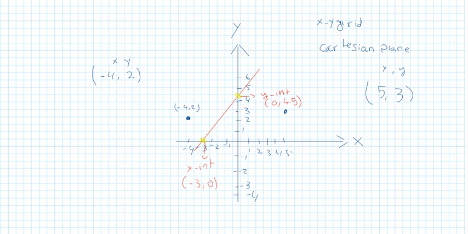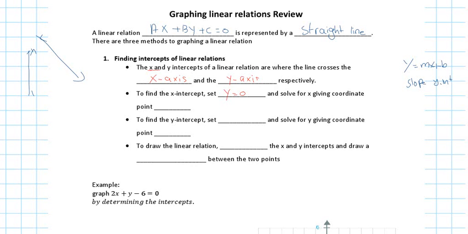And solve for x, giving coordinates x, 0. So my x-intercept is going to look like a value of x, so 5, 6, 9, minus 2, plus 1, whatever, and then the y value is going to be 0. The y-intercept, what do I set to 0? x. And solve for y, giving coordinates 0, comma, y.